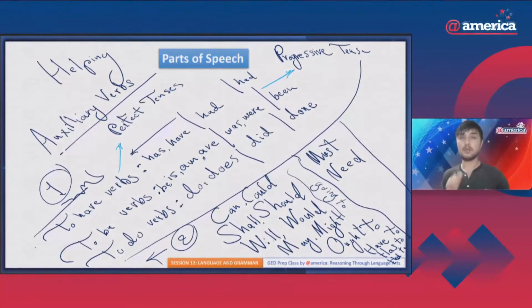If you want to talk about past perfect progressive tense, I had been doing it. If you want to talk about future perfect progressive tense, you say, I will have been, right? So for progressive tenses, it doesn't really matter which tense it is. It's progressive tense, we use to be verbs as helping verbs.